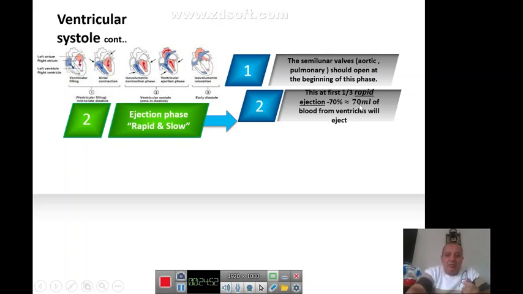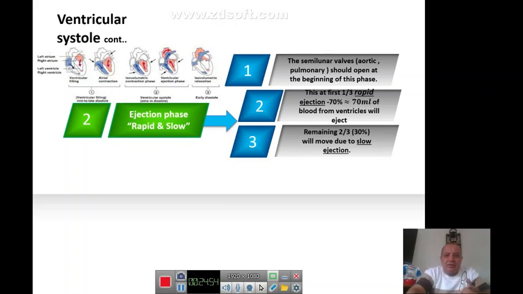Okay, so what will happen to the last part, around 30 parts? This 30 part of the blood, which actually will stay inside the ventricles, we call it what? End systolic volume. So the first volume which we call end diastolic, وقلنا هو عبارة عن the volume of the blood in the end of the cardiac diastole.